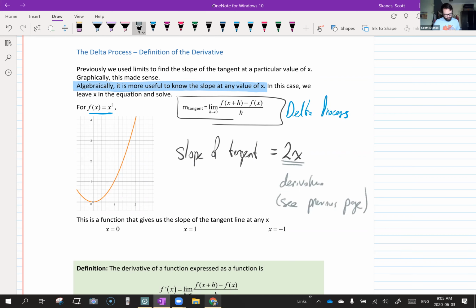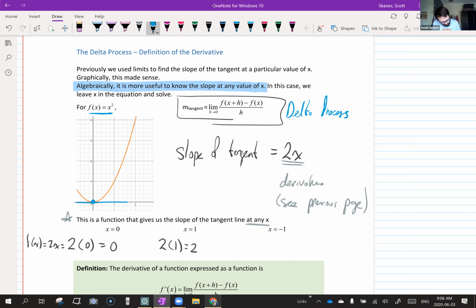Okay, let's do some quick examples. This is a function that gives us the slope of the tangent at any x. So when x is 0, what's the formula? Well, it's just 2 times 0, which is 0. The slope at 0 is 0. It makes sense. What's the slope at x equals 1? 2 times 1, 2.